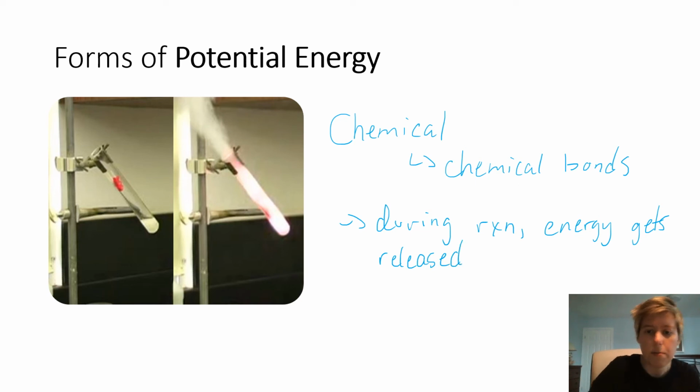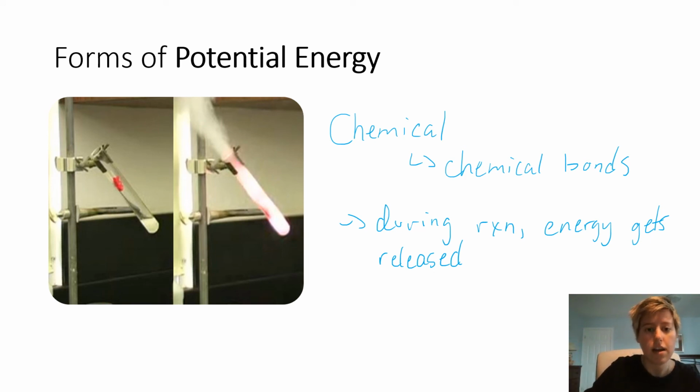And it can either be released as heat, as light, as sound, but anything. So any time that we have a chemical reaction, we are changing that chemical energy, so the energy that's saved within the chemical bonds, and either forming new chemical bonds, producing light, producing heat.